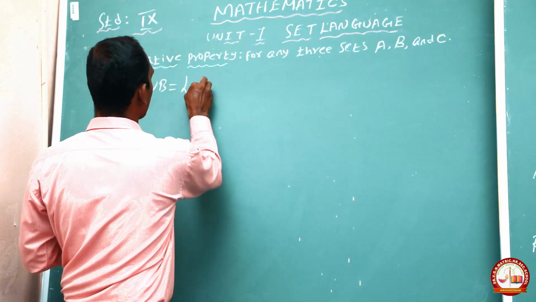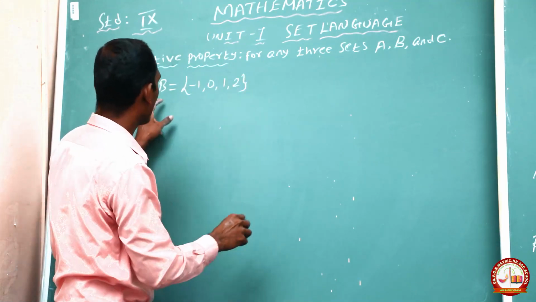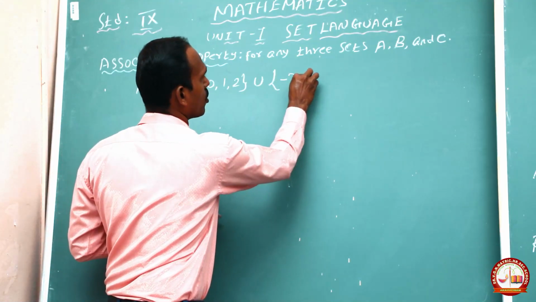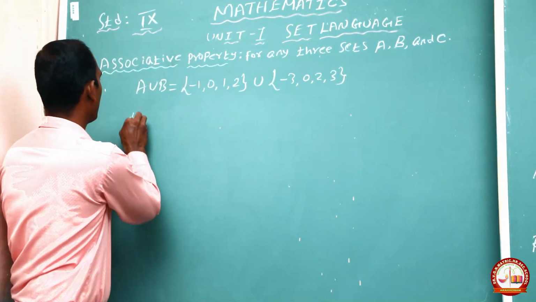What is A? -1, 0, 1, and then 2. Put the union symbol. What is B? -3, 0, 2, and then 3. We find the A union B.